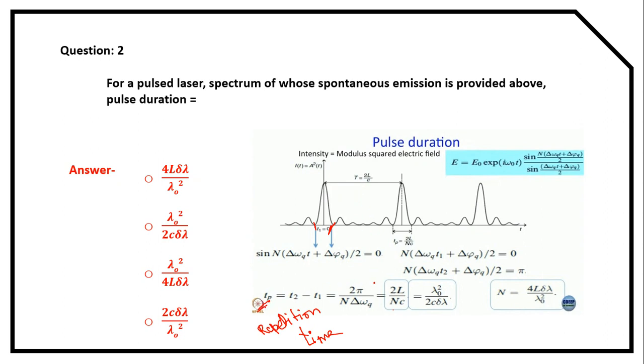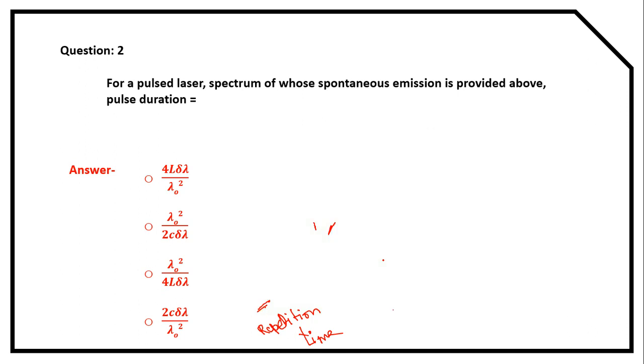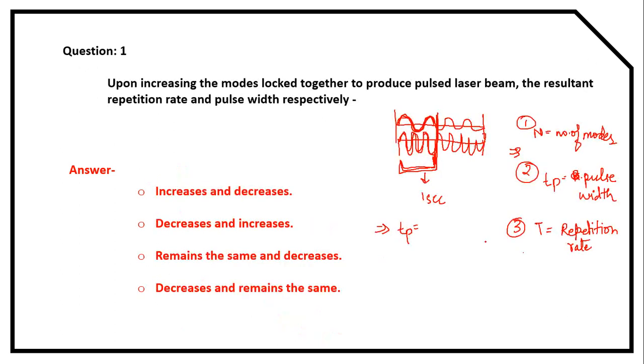So Tp is the pulse width, and the relation it has is 2L upon NC. Here there are factors on which the pulse width varies, and L is the cavity length.